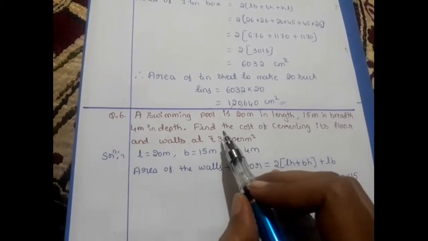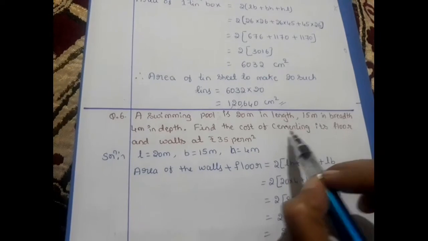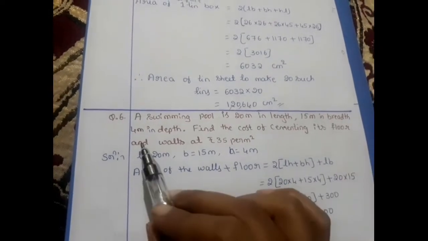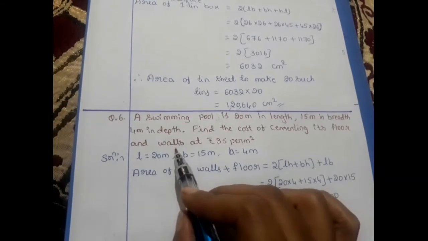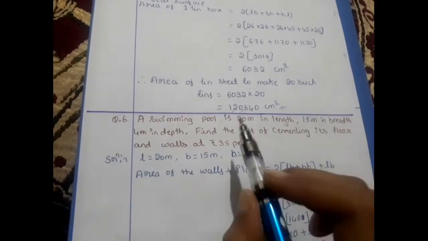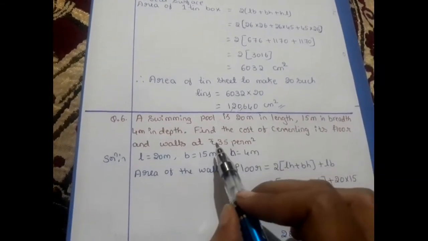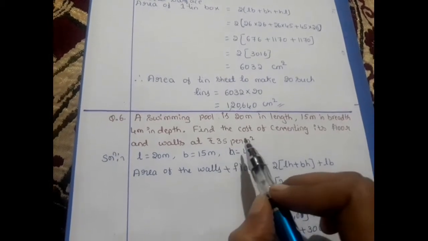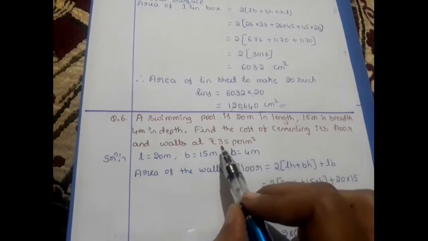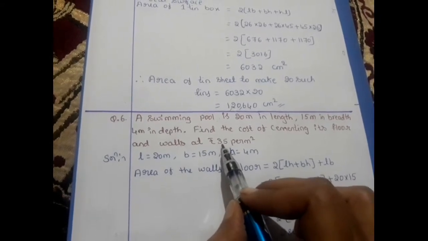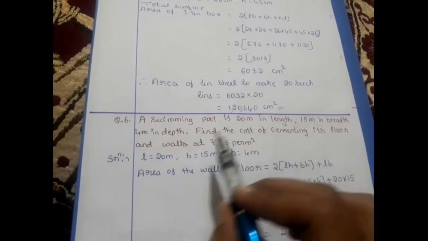So what you have to do here? Not only the floor, along with the walls, you have to find the cementing cost of walls and floor. They have given that for every 1 meter square the cost is rupees 35.